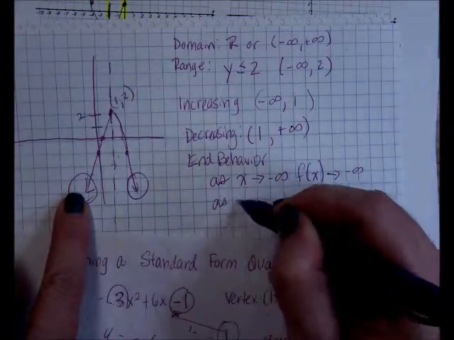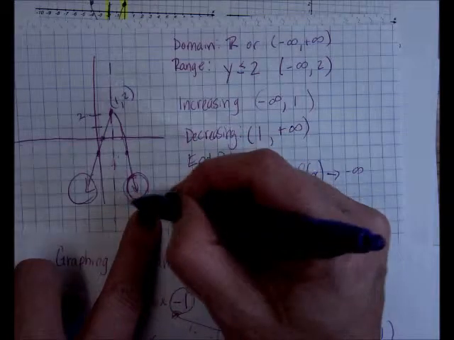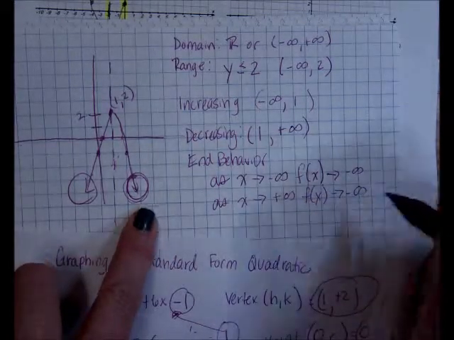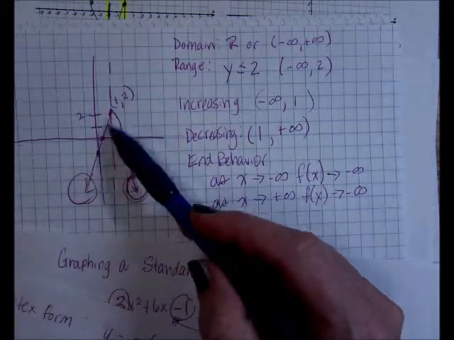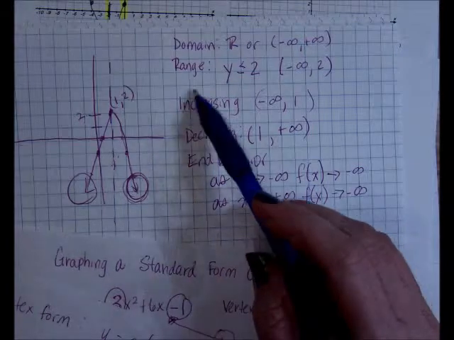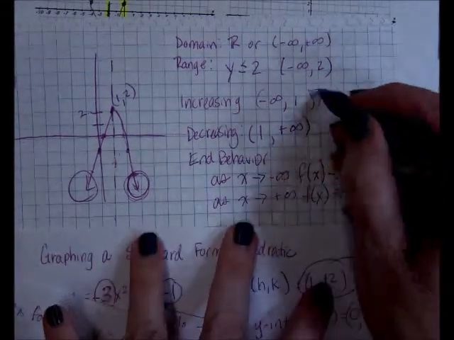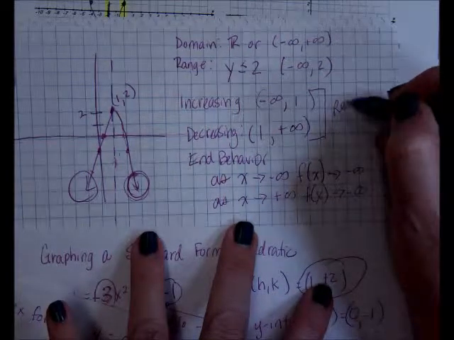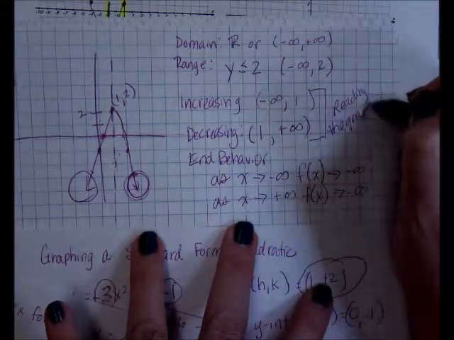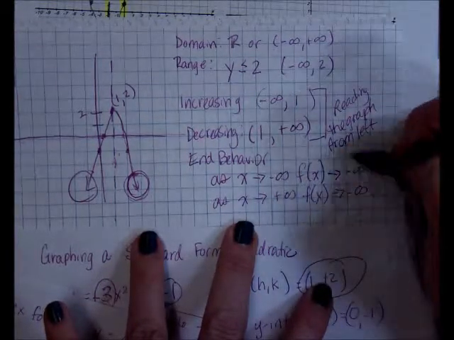And as x goes to positive infinity, here, y goes to negative infinity, because it's going down. So I'm looking at the end and where it's going. Whereas when I was doing my increasing and decreasing intervals, I'm reading the graph from left to right, and I'm describing it. So hopefully that will help you with the standard form.